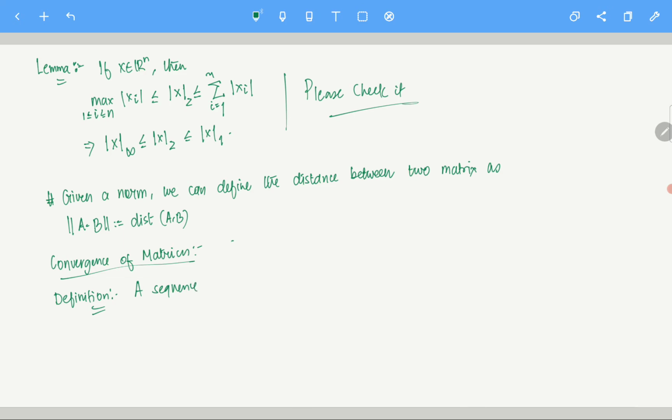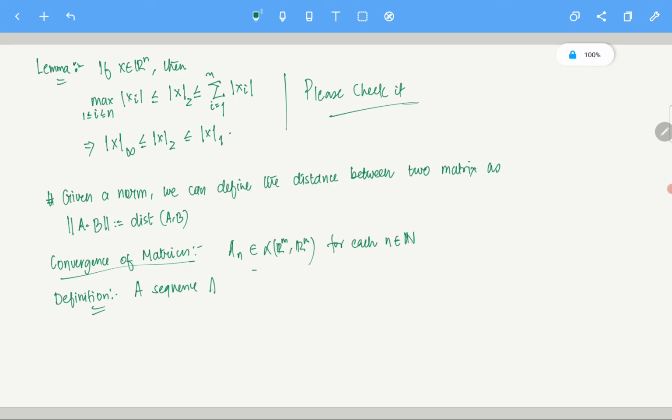A sequence A_n, and whenever I am writing A_n, it means a linear map from Rn to Rn. I am not specifying it all the time. So for each n in N, let A_n be a linear map from Rn to Rn. That will avoid confusion.